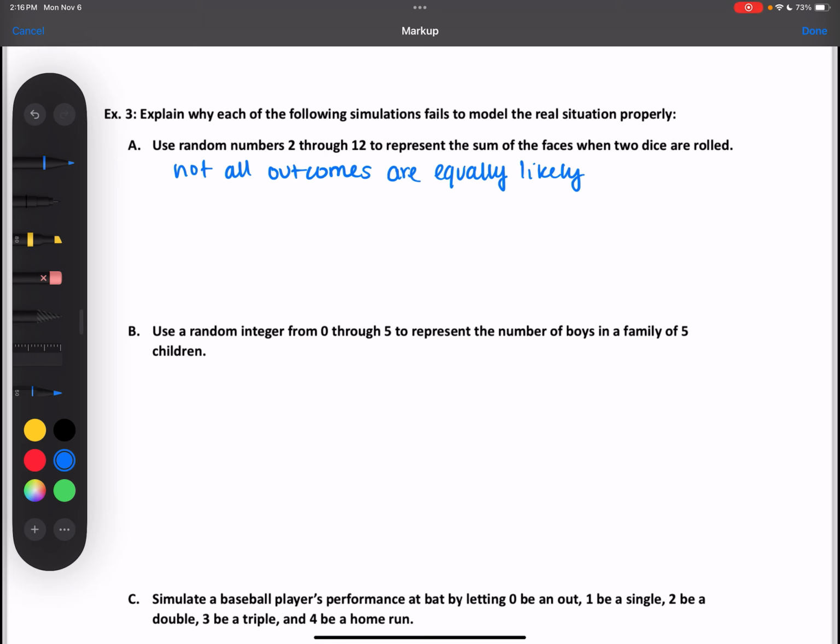That's it, not 7 and 4. Again, that just goes to show you not all outcomes are equally likely. So for example, a sum of 8 is more likely than a sum of 2.